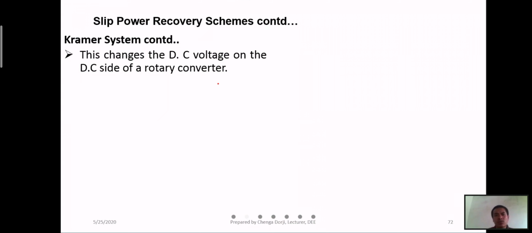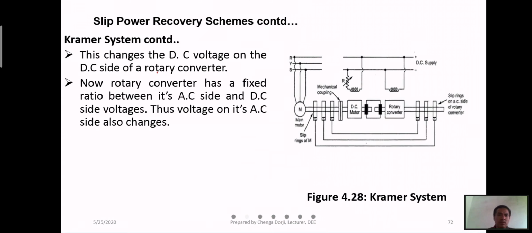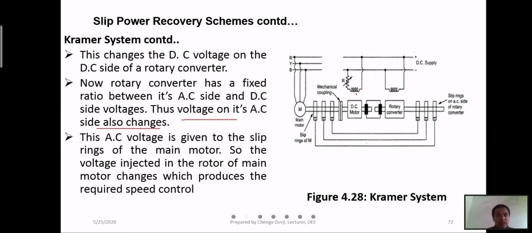This changes the DC voltage on the DC side of the rotary converter, and thus the voltage on the AC side also changes. Because of this, the speed changes, which produces the required speed control. So by injecting voltage into the slip ring, you are changing the speed.